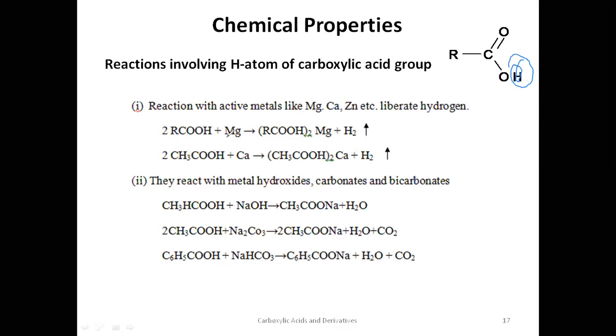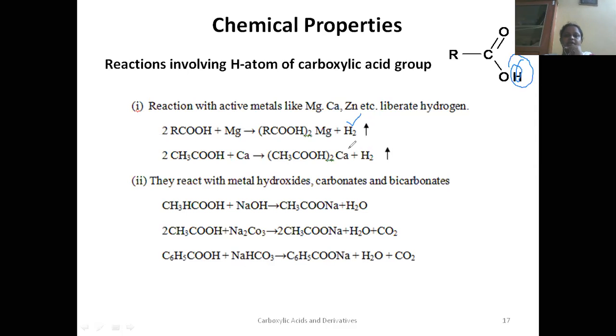One is the reaction of carboxylic acid with metals like magnesium, calcium, zinc. When carboxylic acids are treated with metals, hydrogen gas is liberated, and in addition to this, a salt is formed here.